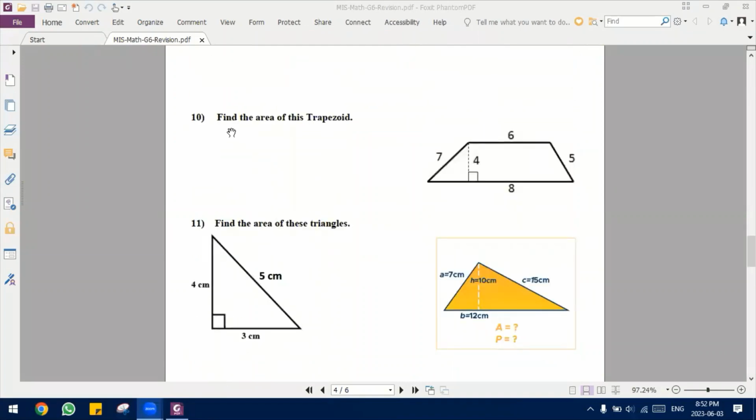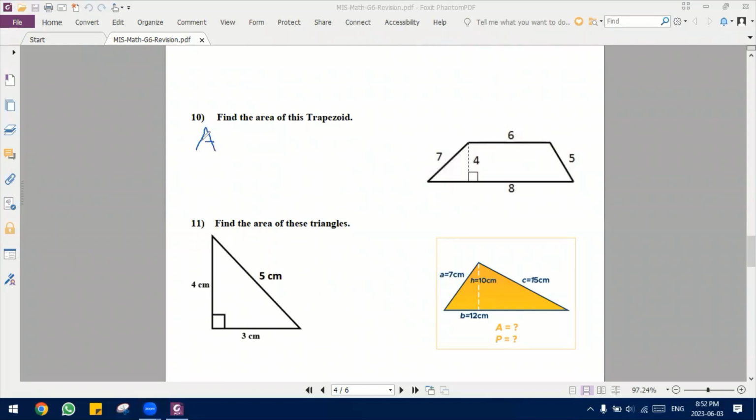Now, next question, question 10. Find the area of this trapezoid. Now, again, trapezoid is quadrilateral shape. But here, the problem is it has 2 different bases. We have 8 and 6. So as I said before, we need to take the average of these bases. So also you need to memorize the formula.